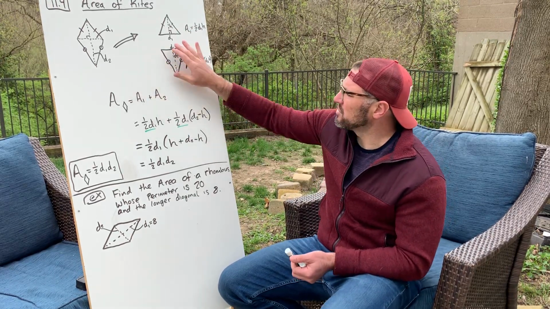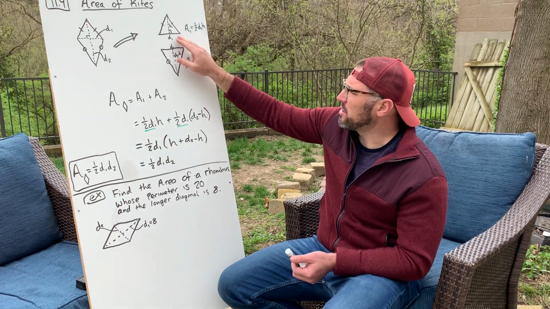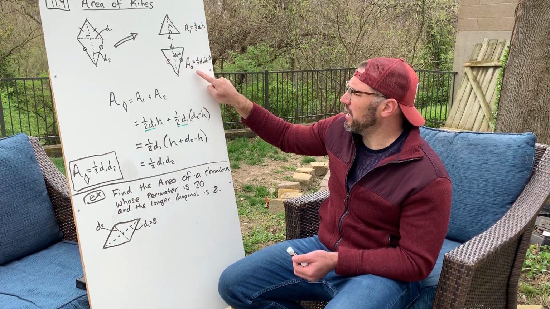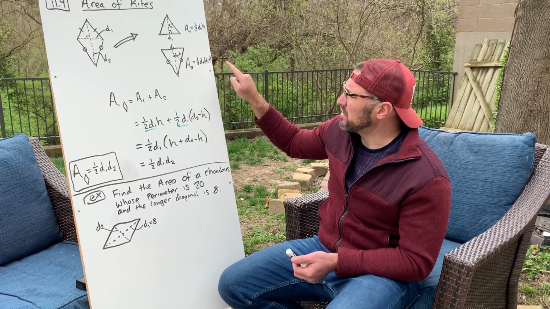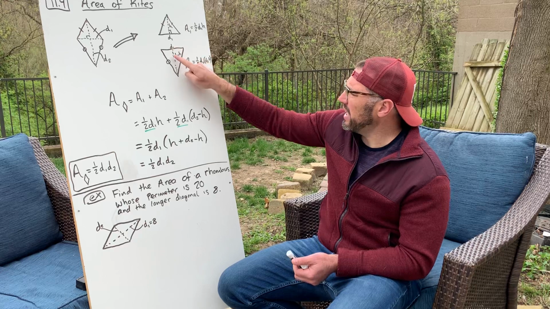Now this second triangle shares D1 as a base, just like this triangle. I'll call the area of this triangle A2. The area of a triangle is 1/2 the base times the height. The base is D1, so 1/2 D1 times the height here.